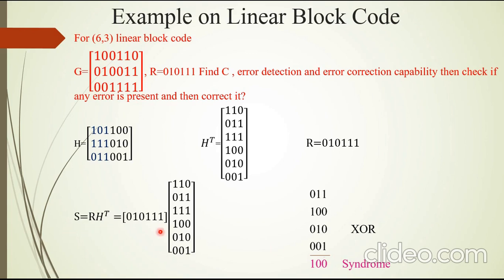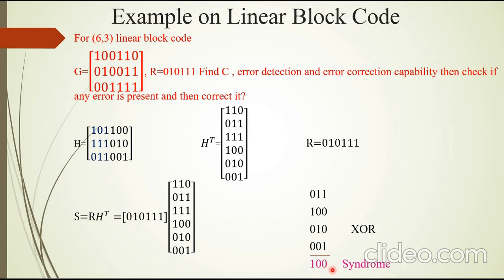So S, the syndrome, is 100, which is not equal to 0. So I can understand that an error is present here because it is not equal to 0. If it is equal to 0, then there is no error. Okay, so in this case, error is present.